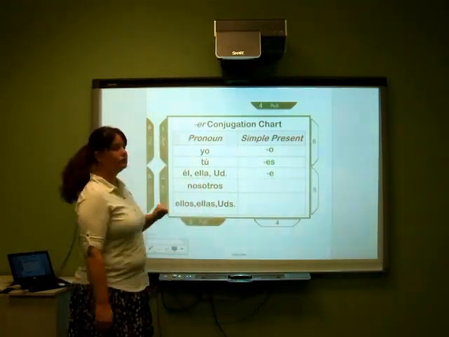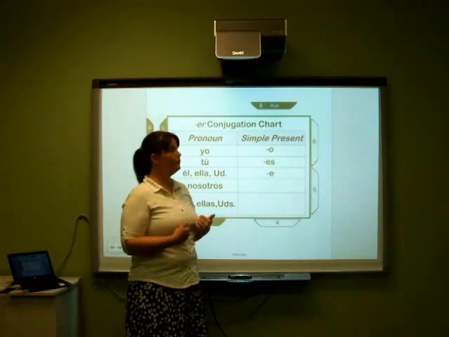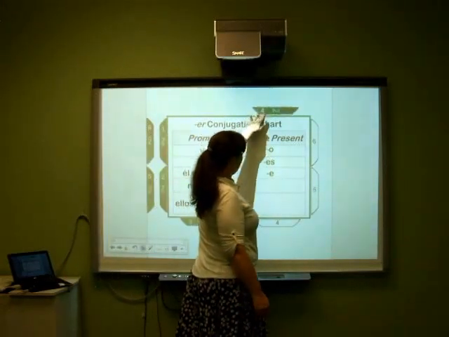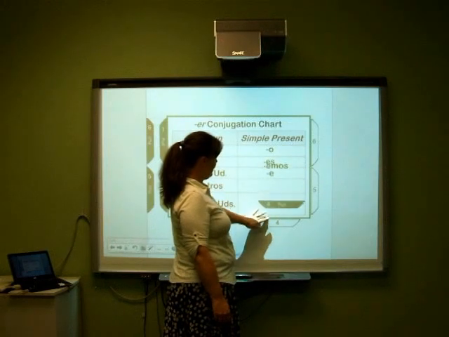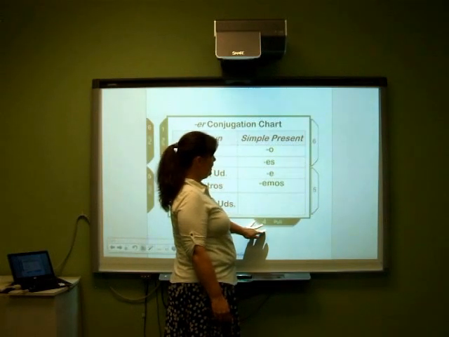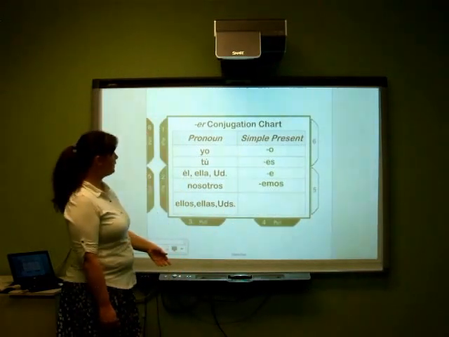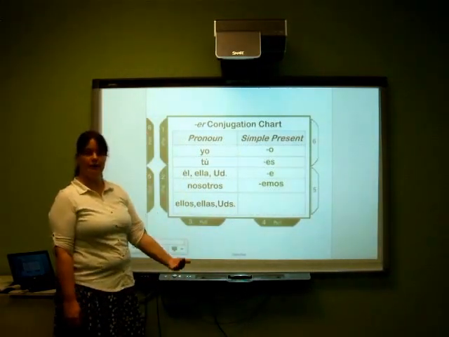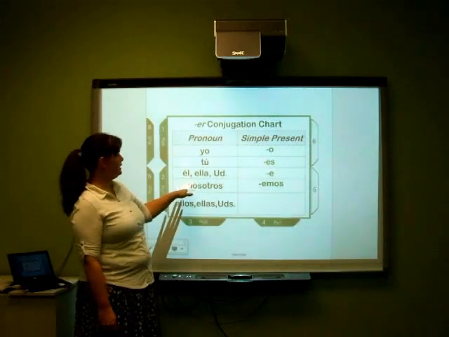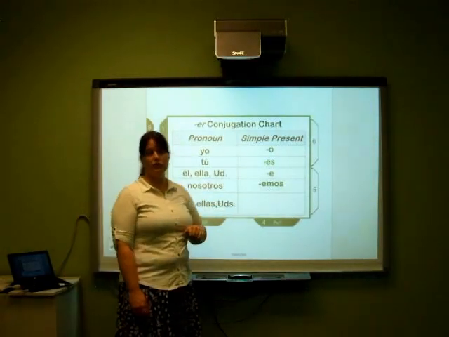For the nosotros form of the verb, nosotros meaning we, we would drop the ER off of the verb and add emos. Comemos, bebemos, tejemos. We add emos to the end of the verb to make the nosotros form.